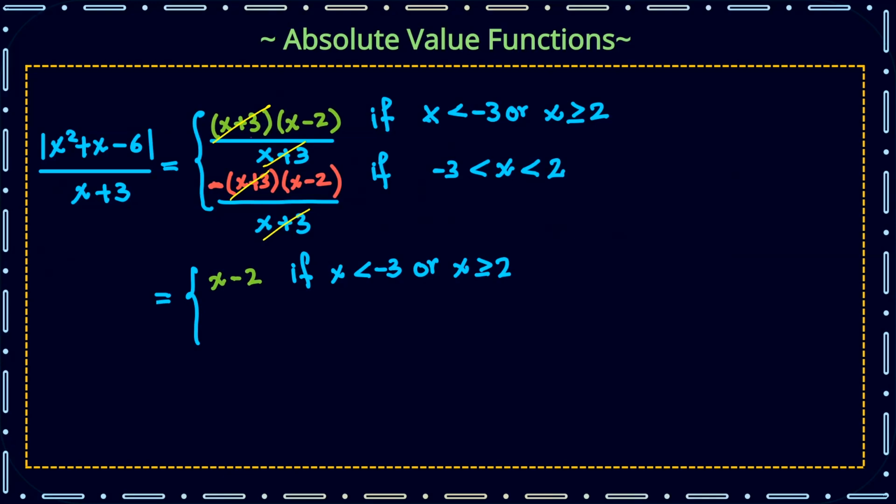To rewrite what we have, I'm going to distribute the negative inside of x minus 2. That becomes negative x plus 2. And this is happening over the interval x between negative 3 and 2. This is our function, f of x.